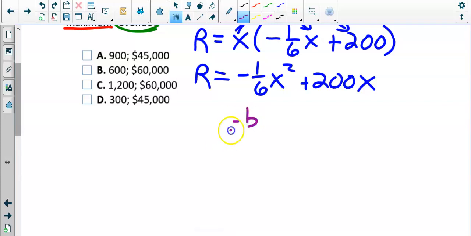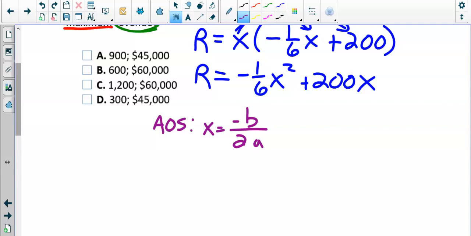The negative b over 2a. Find that axis of symmetry, AOS. And this is going to be the answer for x, which is really cool because we're going to use their answers against them, because every answer up here has a different answer for x. Once we know what x is, we're actually going to know the answer.